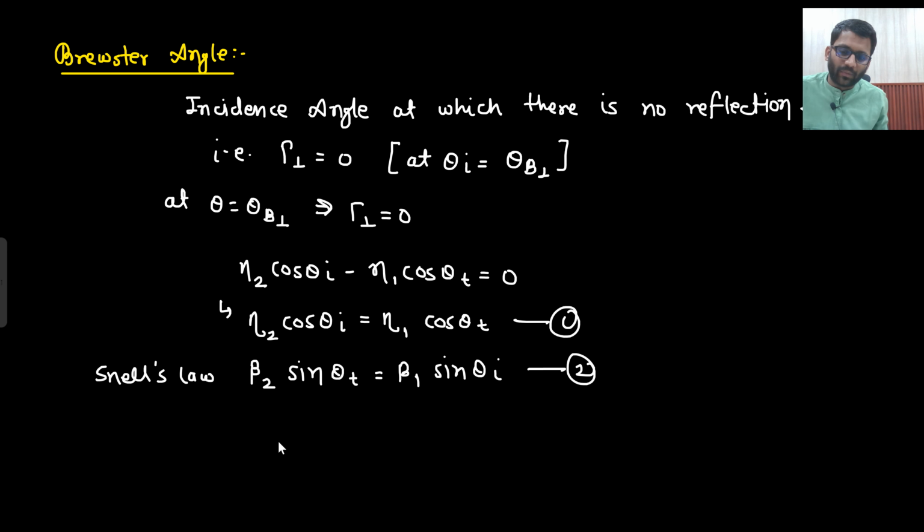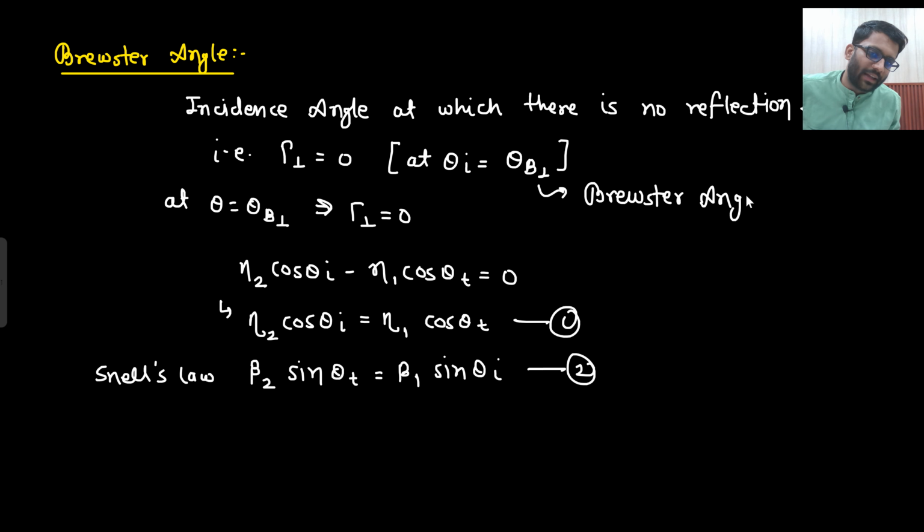Okay, so I will write down the formula. Here I am writing, this is my Brewster angle. So Brewster angle is nothing but the incident angle where there is no reflection. So if you solve these two equations, you will get the formula, but eventually you have to remember the formula. So what is that formula?